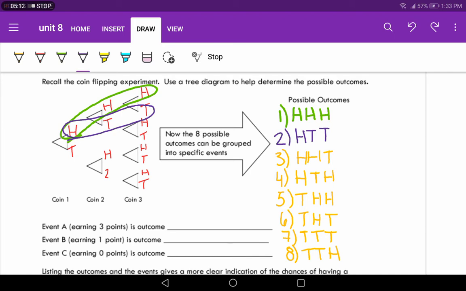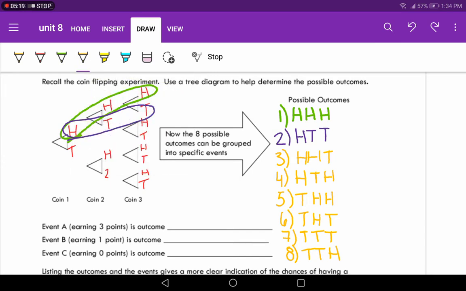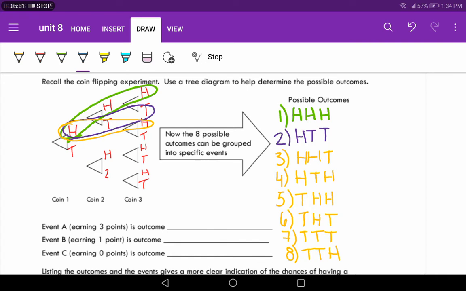And I guess I should maybe just show you the other ones. Let me change my color. So heads, heads, heads, heads, tails, tails, heads, tails, heads. Or heads, tails, tails.